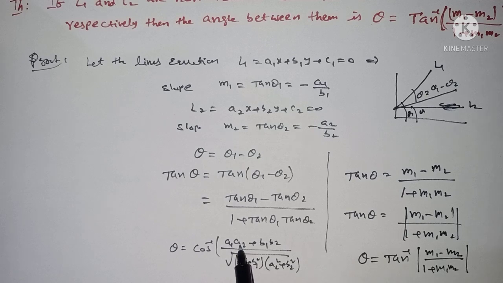Taking b1 b2 common, you get a1 by b1 and a2 by b2, therefore m1 m2. Using the cos inverse you can again reduce to tan inverse, and you get the same tan inverse of mod of m1 minus m2 by 1 plus m1 m2. This is an important theorem.